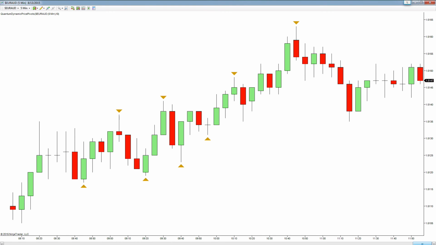And that's what you're looking for. That is the creation of trend in real time. Once again, they are helping to describe and define the phase of price action that is building in real time on the chart.